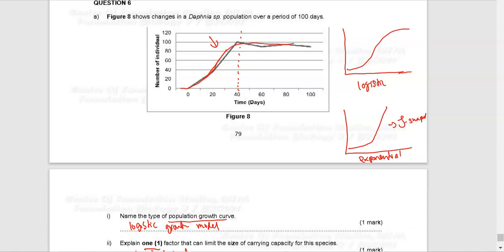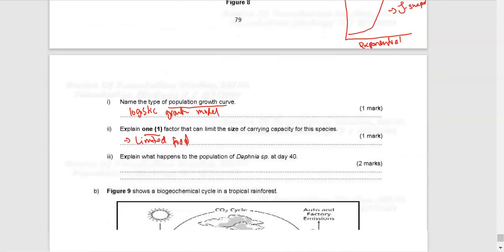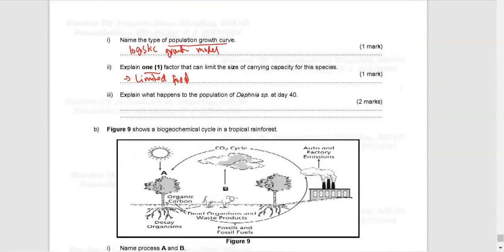At this point you have an overshoot, where the population exceeds the carrying capacity. That is the first mark that you could include in your answer: exceed carrying capacity or overshoot.